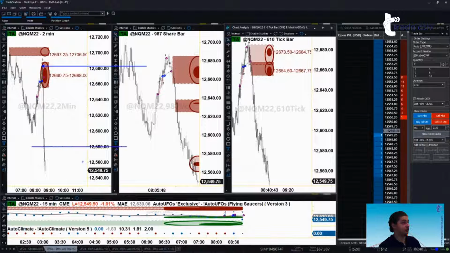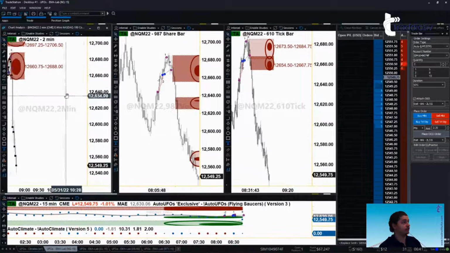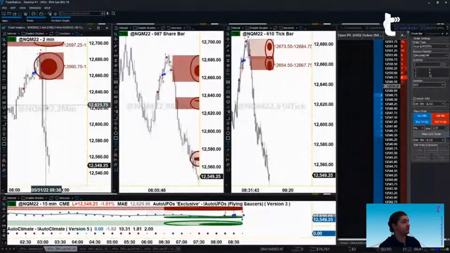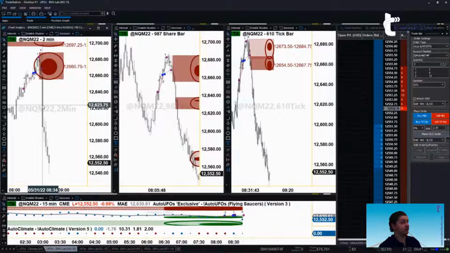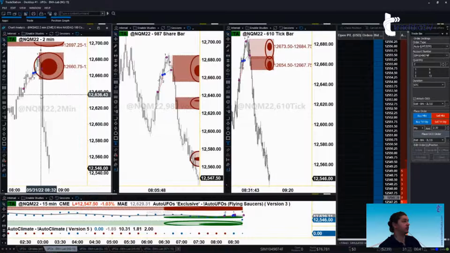This is about 130 points. And this happened over the course of how many minutes? This massive drop-off here is a 2 minute, 4, 6, 8, 10 minutes that we're looking at here.